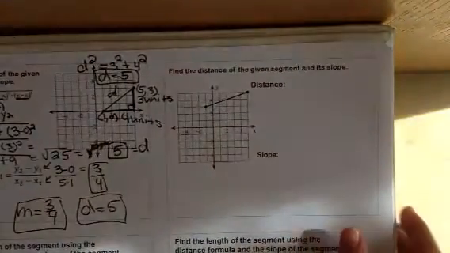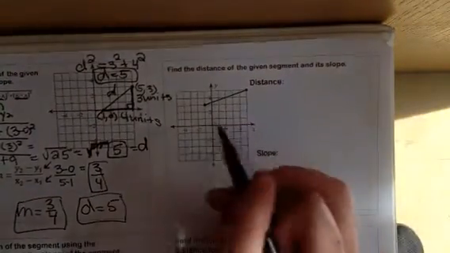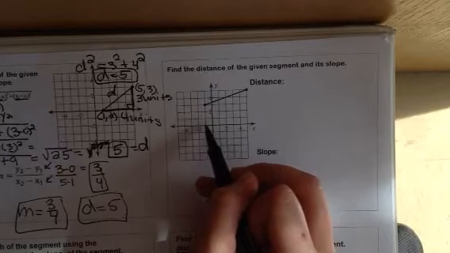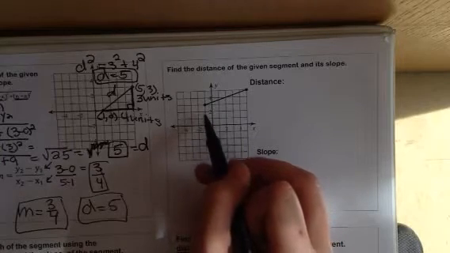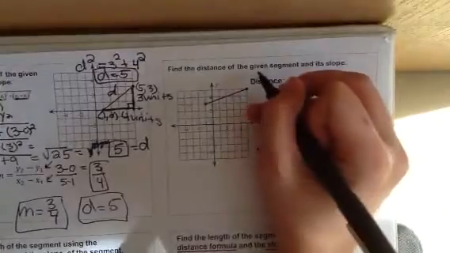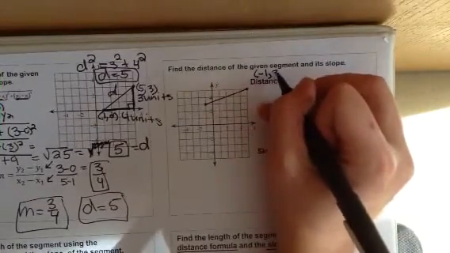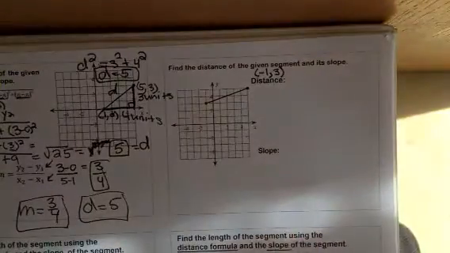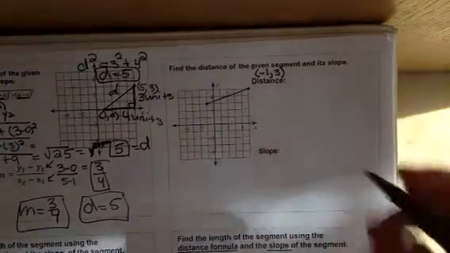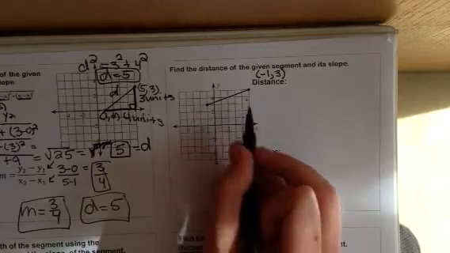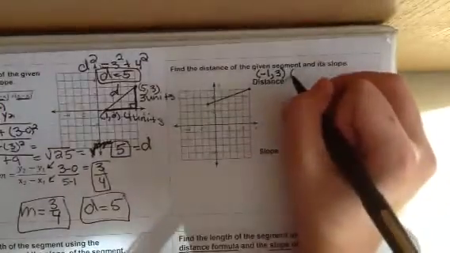Alright, looking at the next one. What is this ordered pair here? So I have to go from the origin to the left 1, up 1, 2, 3. So it would be -1 since I went left, up 3. Okay? And then for the next ordered pair, I have to start at the origin, go to the right 5, up 5.